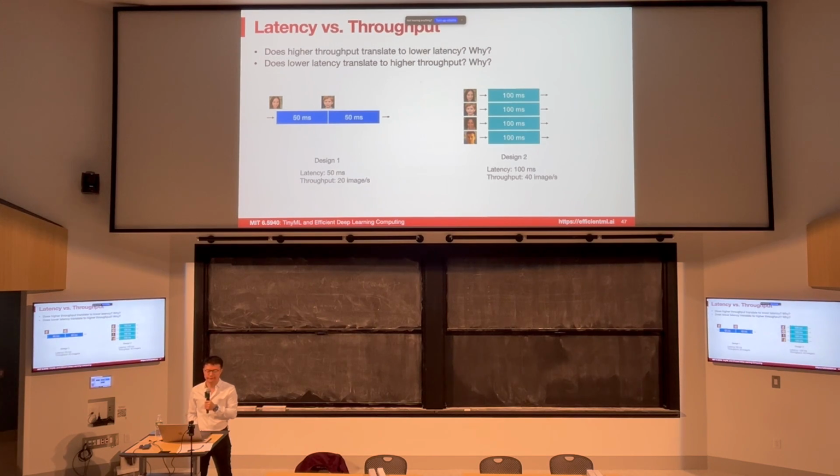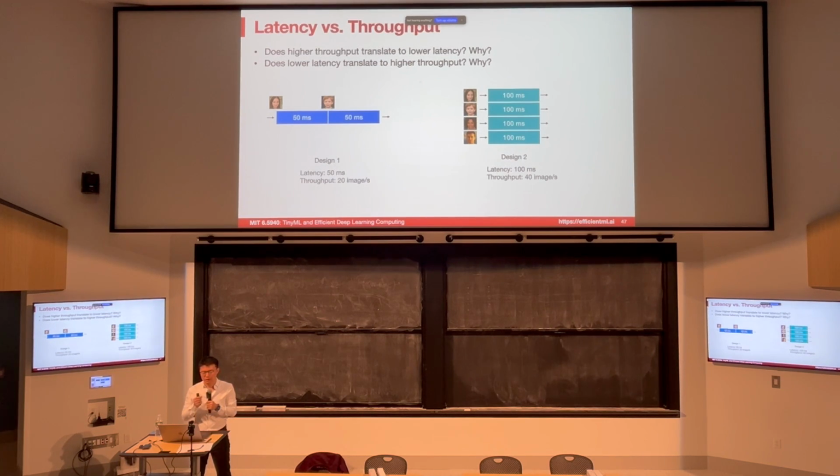It's 20, right? In the second design, we have higher parallelism. We can process 4 images at the same time, each taking 100 milliseconds. So the latency to process each image from start to end is 100 milliseconds. And the throughput would be 40 images per second, since we are processing 4 such images at the same time.